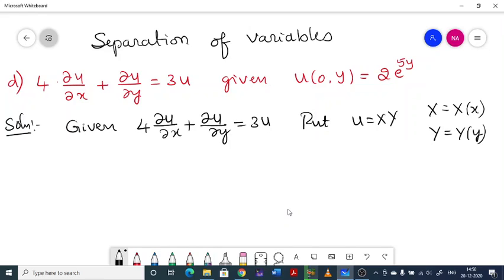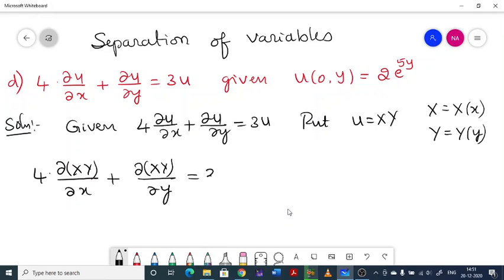Now substituting that in the given equation, 4 into dou u by dou x, that will be dou of XY by dou x, plus dou of XY by dou y equal to 3 into XY.